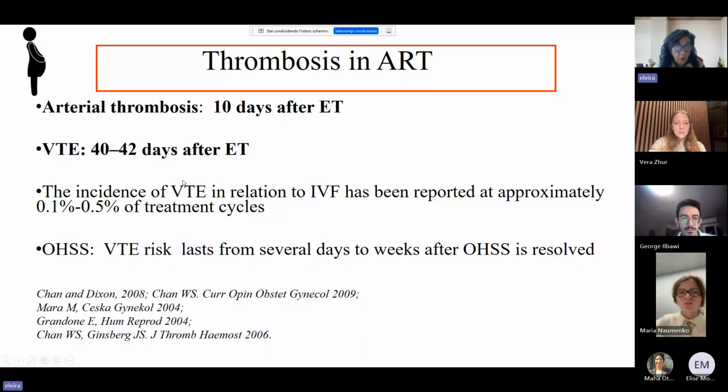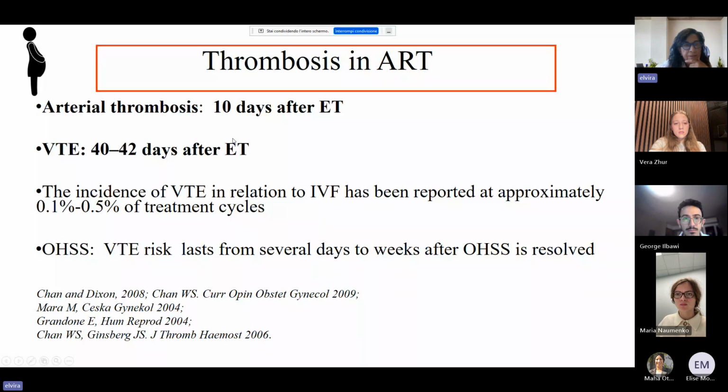But we know that in some cases we can have not only VTE, but arterial thrombosis too. Today we will focus on VTE because it's in general more frequent than arterial thrombosis, and a little bit better known compared to arterial thrombosis.